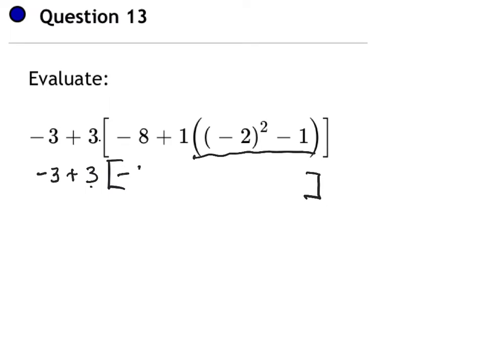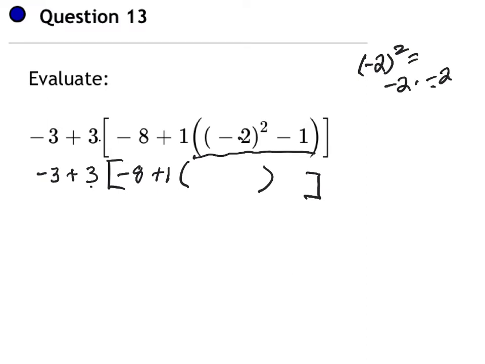So I'm going to bring down negative 8 plus 1. That 1 is right beside, so I know when I get my answer in here, I'm going to multiply it times the 1. Now, they have another set here, but they put it in parentheses because they wanted you to square not only the 2, but the negative 2. So it is negative 2 squared, which means negative 2 times negative 2.